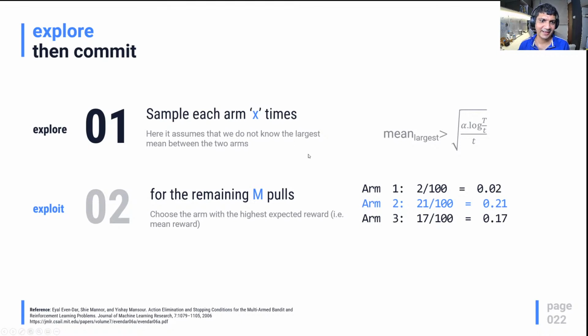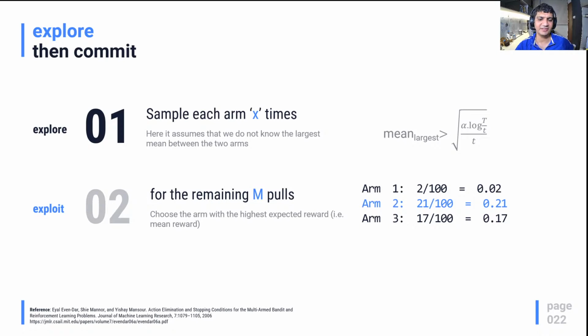Now again, the other assumption is what happens if we don't know the means between the two arms. There are again some concepts we could work with, where we say, I don't know the means between the two, so it is something that I can dynamically calculate, and then I will look at whether I'm meeting a certain threshold.